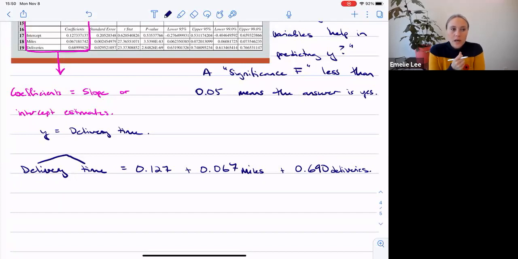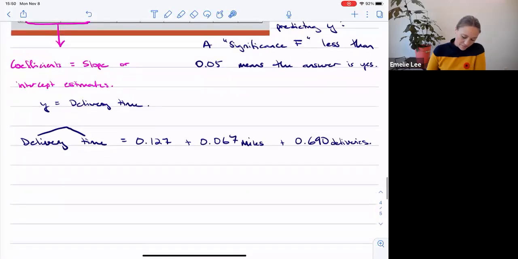So in terms of how do we interpret this, well, the intercept is not interesting, right? Because we're not going to predict a delivery time when the miles is 0 and the deliveries is 0. So that's not interesting.